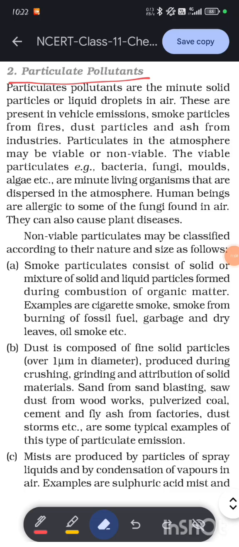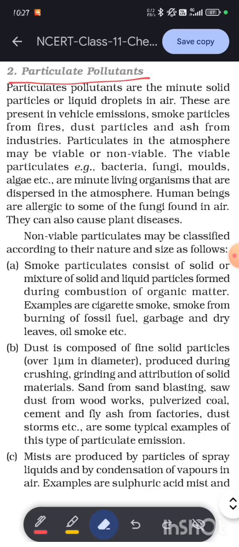Second point is particulate pollutants. Particulates are the minute solid particles or liquid droplets in air. These are present in vehicle emissions, smoke particles from fires, dust particles, and ash from industries.